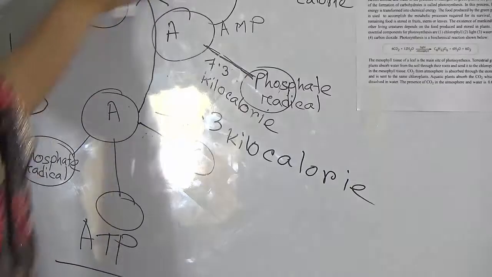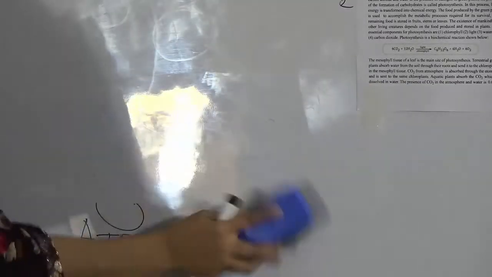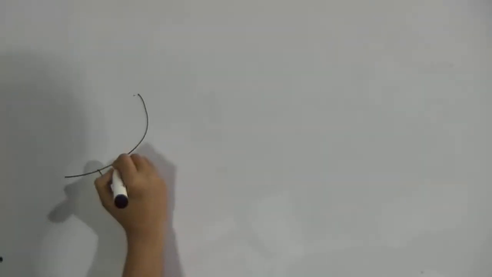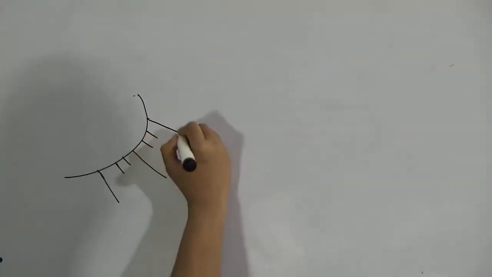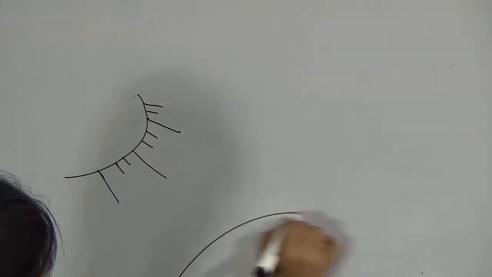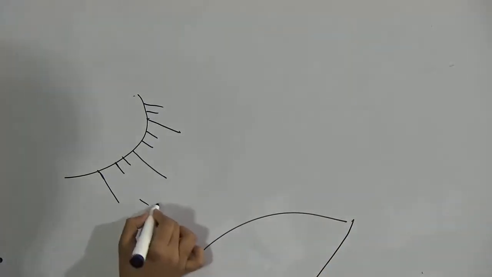Now come to why this chapter is related to photosynthesis, why this comes here. Photosynthesis happens in the plant. Plants do not eat, plants make their own food. Then why are you talking about food? But plants also get energy from the sun.